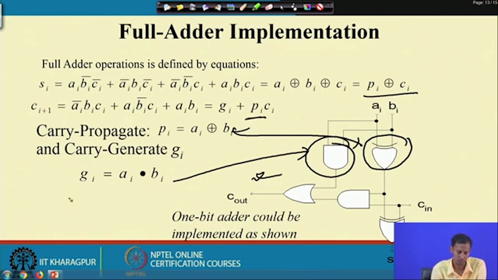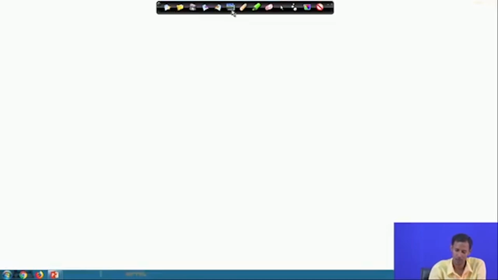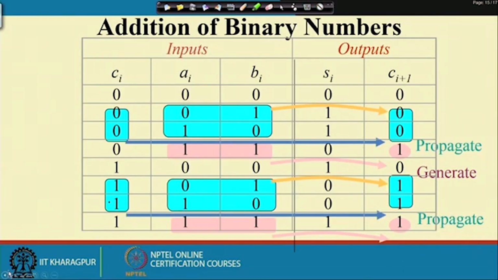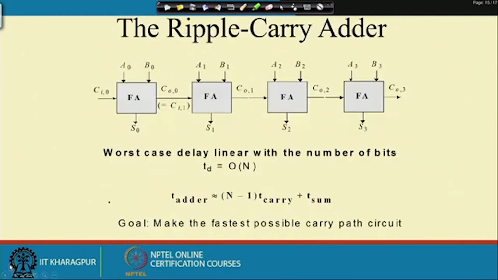If I just go back to the slide, at this particular point, unless and until this C 0 is computed, I cannot start the operation of this A 1 B 1.